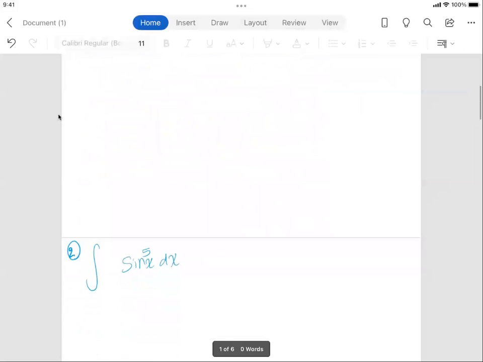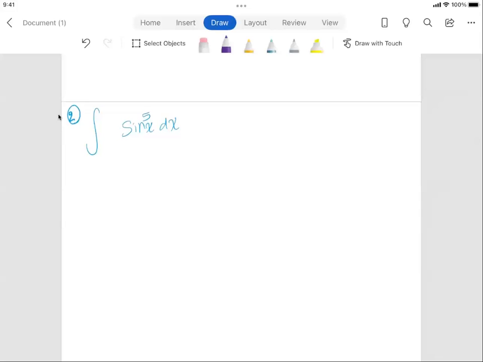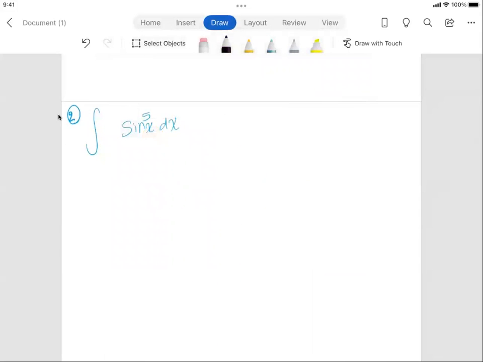Let's move to the next problem: sine to the power 5. As we saw in the previous problem, we can write sine in terms of cosine using the appropriate trig identity.